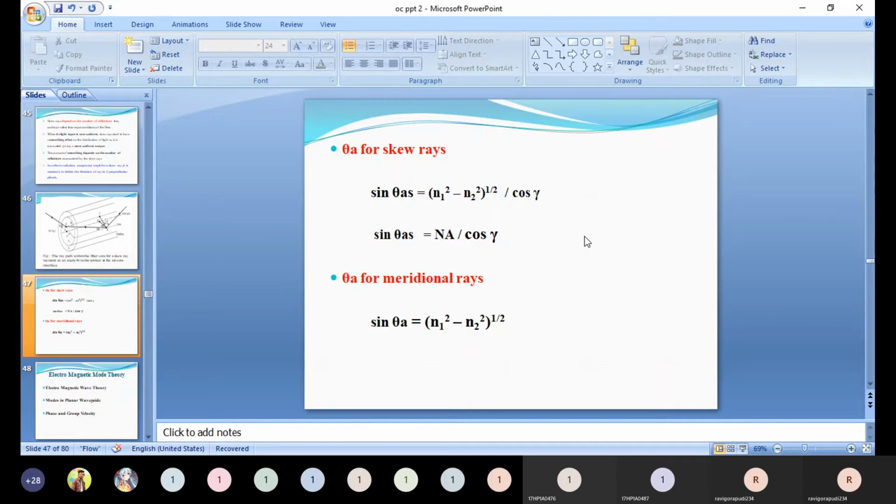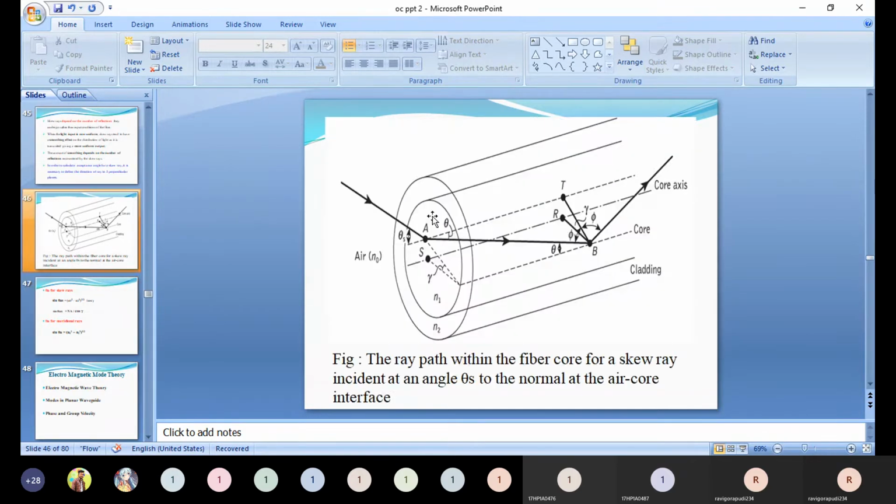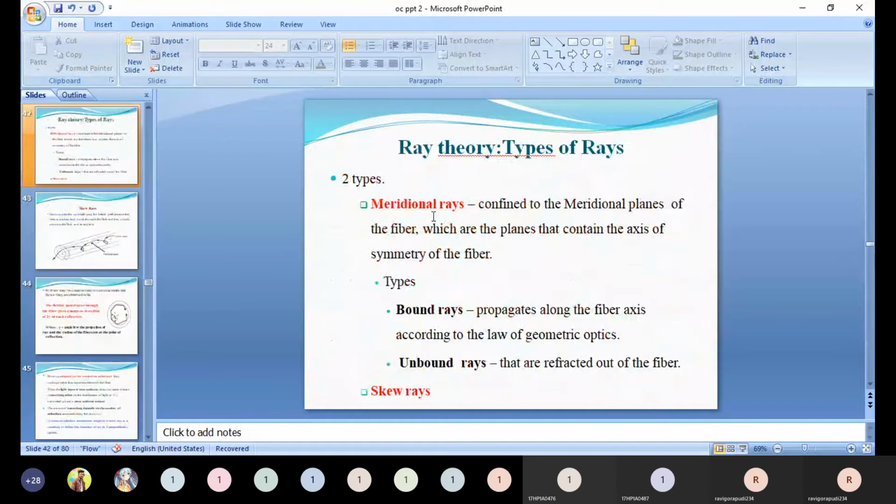For meridional rays, same previous formula, that is sin inverse of square root of n1 square minus n2 square. For meridional rays, we already discussed meridional rays, first rays.